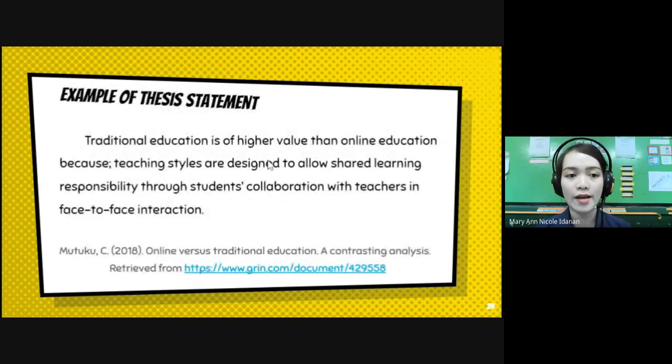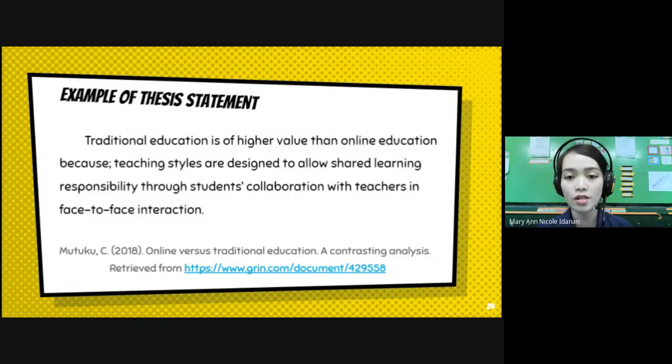Okay, now class, I have here an example. Actually, I have many examples of thesis statements. This one is from Caroline. I just searched this in Google. The topic that she has is online versus traditional education. And this is her thesis statement: traditional education is of higher value than online education. So that is her claim.